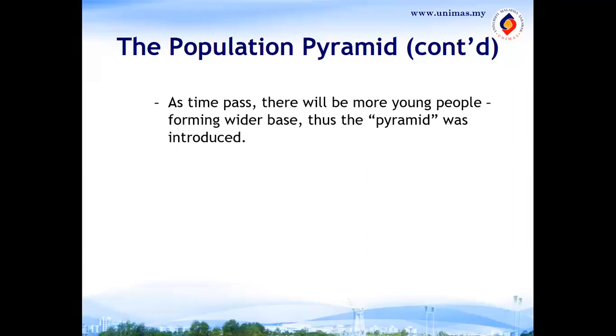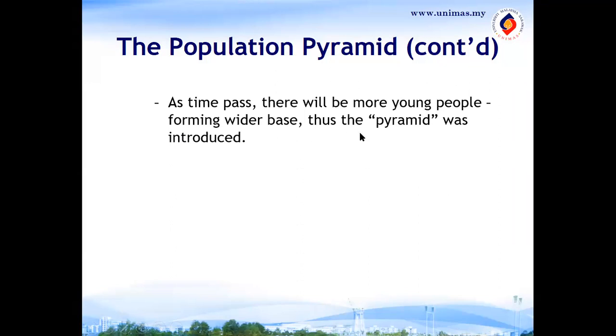Okay, so in terms of the characteristics, yeah, as time pass, yeah, apabila masa berlalu, there will be more young people forming the wider base. Thus the term pyramid was introduced. Jadi that's how the term pyramid comes around, ya, population pyramid. Kenapa?